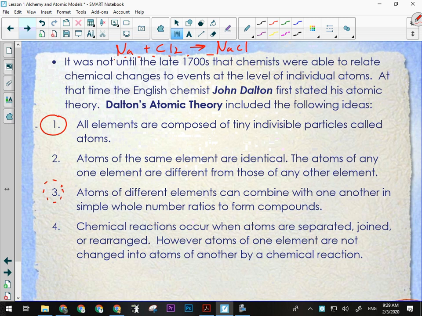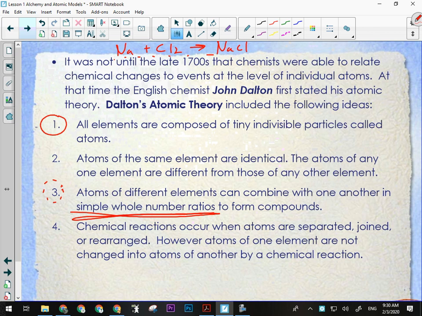Atoms of different elements can combine with one another in simple whole number ratios, and that's important, to form compounds. That means that when a reaction happens and a compound is formed, I only ever have whole atoms in that compound. I don't have half an atom or something.